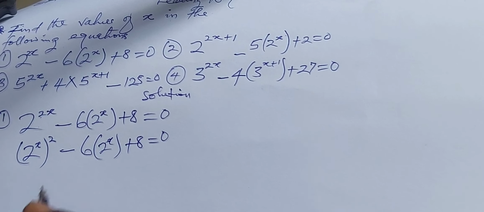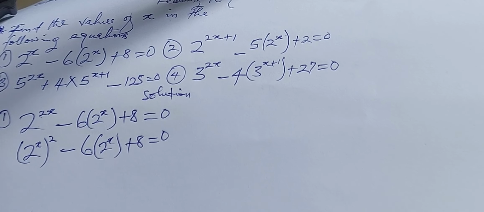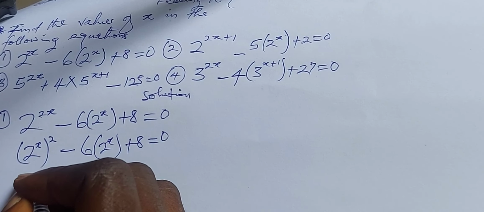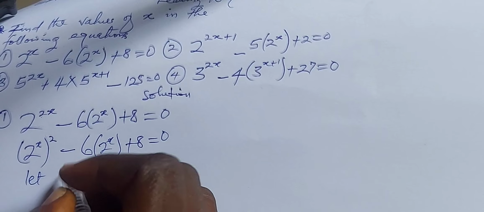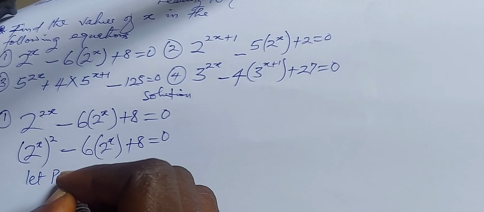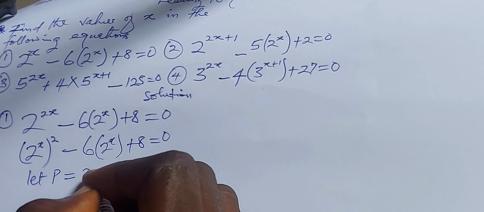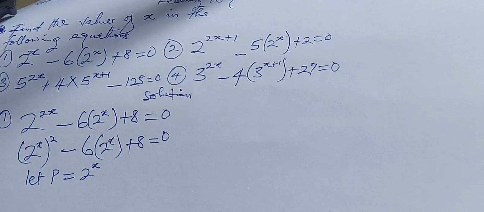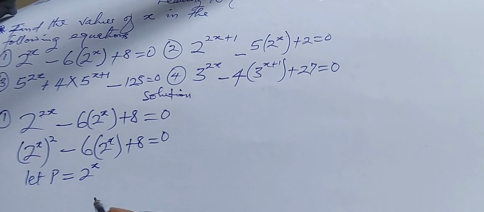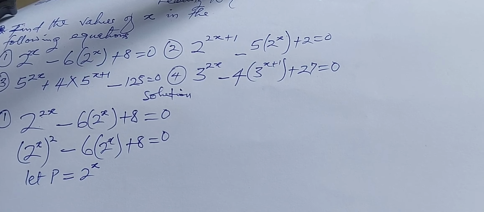So when you have this expression, you say let p equal 2 raised to the power of x. Now whenever you see 2 raised to the power of x, you write p.